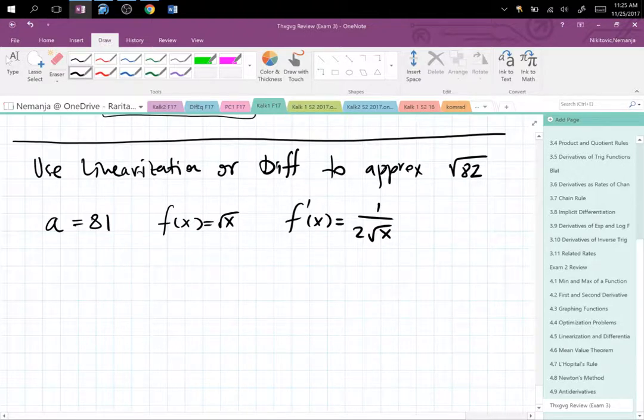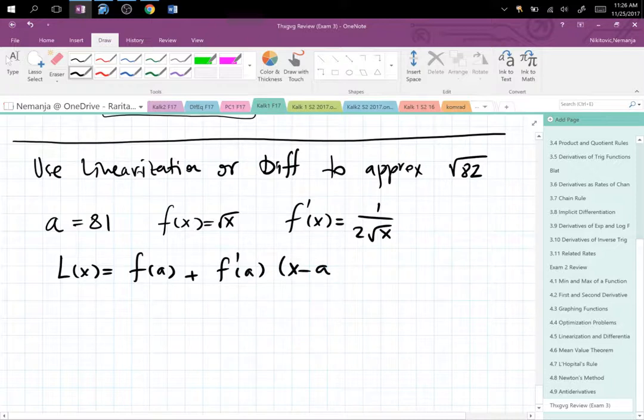Now, if you did not memorize the linearization formula and you do not want to, you will use the tangent line. I, in my infinite wisdom, know the linearization formula, which is f of a plus f prime of a times x minus a, and I will plug everything into it.